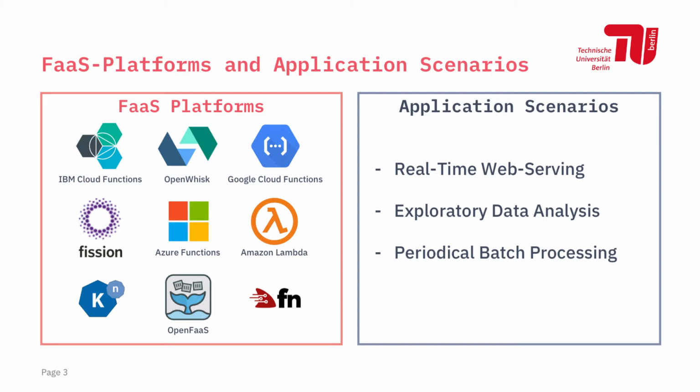Because it's not trivial to use FaaS for all possible application scenarios, however, industry and research are specifically focusing on application scenarios such as real-time web serving, exploratory data analysis, and periodic batch processing as possible use cases for FaaS.